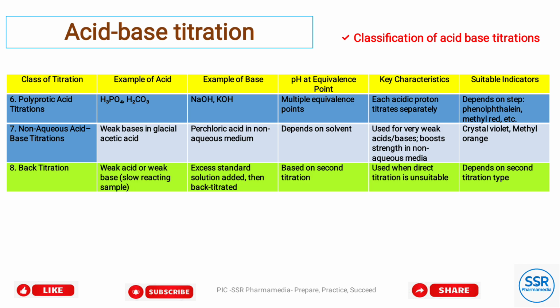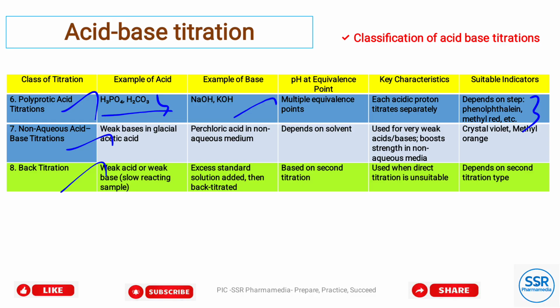So this is another type: polyprotic acid titration, non-aqueous acid-base titration, and back titration. Phosphoric acid and carbonic acid are examples of polyprotic acids, with strong bases such as sodium hydroxide and potassium hydroxide. Here the indicators used are phenolphthalein and methyl red.